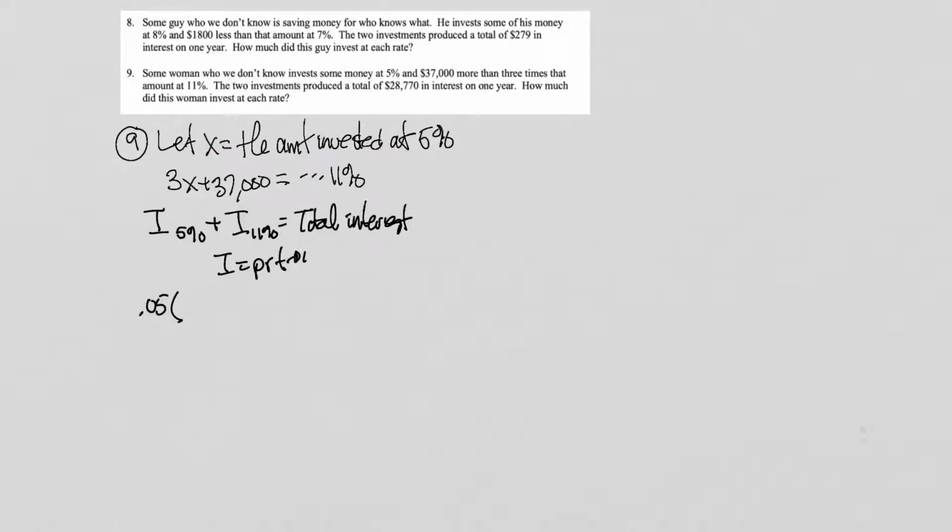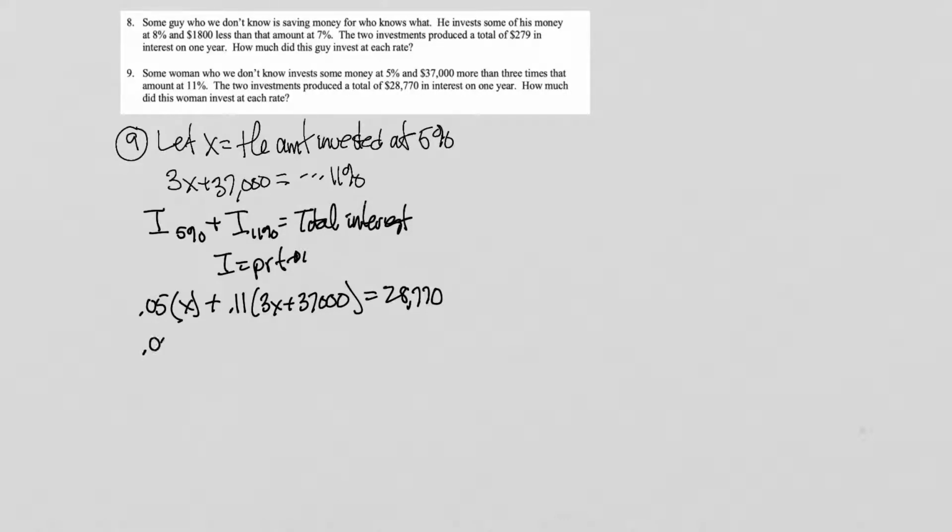Well, that's X. So this is just going to be 0.05X plus. And then at 11%, that's 0.11 times the amount she invested at 11%. And that is 3X plus 37,000. And that's all equal to the total interest she made, which was $28,770 in 1 year.